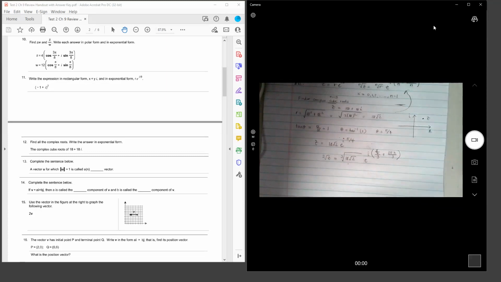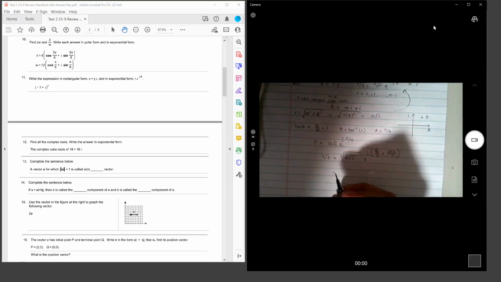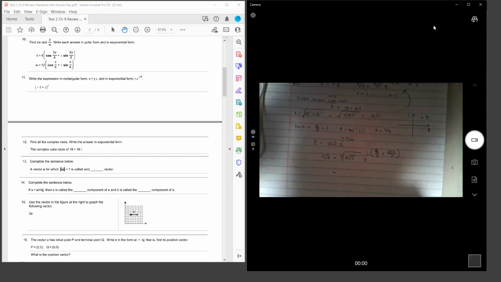Another one of those examples where we just need to do a little bit of algebra simplification. Let's see what this is all about.